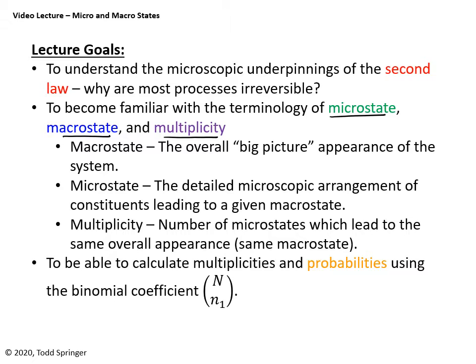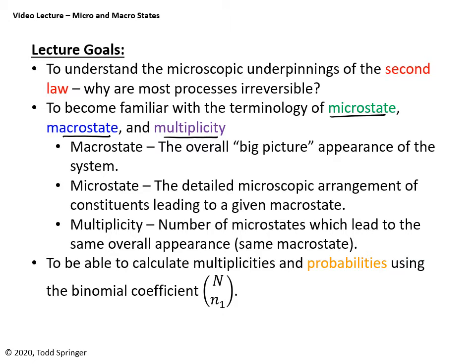A microstate is the detailed microscopic arrangement of the constituents which give you that macrostate. So there might be many ways that I could achieve a certain pressure and a certain temperature of arranging the gas molecules in an ideal gas. So a microstate is sort of what's going on fine-grained in the microscopic picture. Macrostate is what's going on in the big picture.